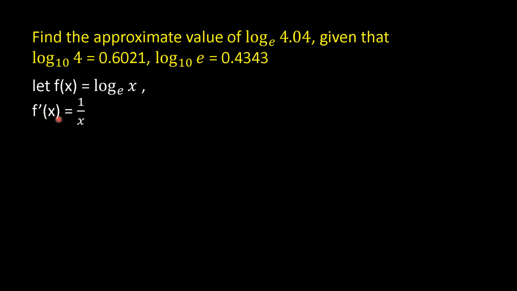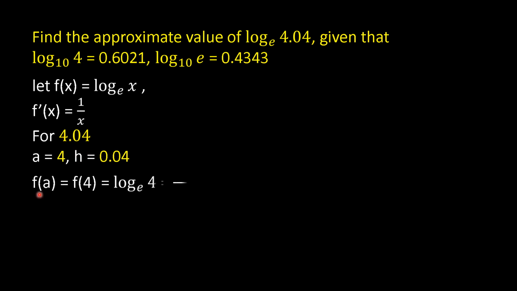So f dash x will be 1 divided by x. For 4.04, we have a equals 4 and h equals 0.04. Now f(a) will be f of 4 replacing a by 4.